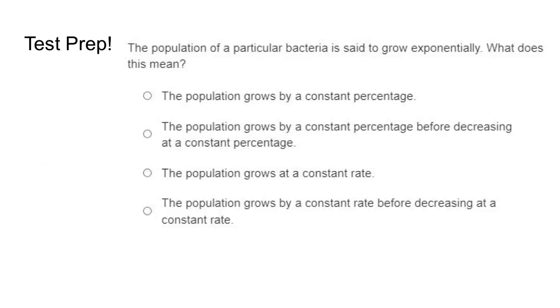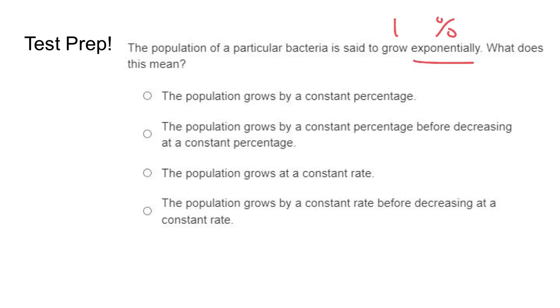All right. The population of a particular bacteria is said to grow exponentially. What does that mean? It grows by a constant percentage before decreasing at a constant percentage. It grows at a constant rate. It grows by a constant rate before decreasing by a constant rate. Exponential always involves percentage.